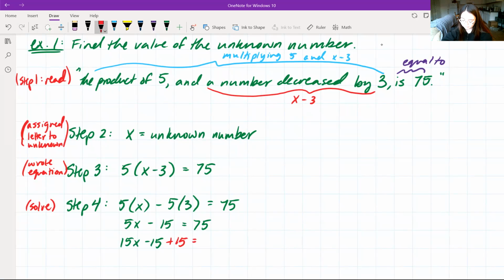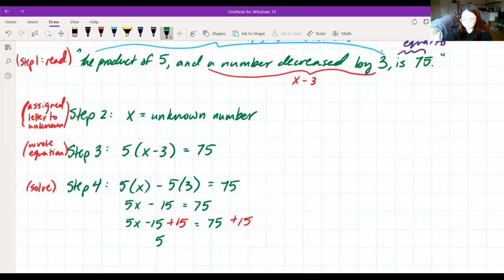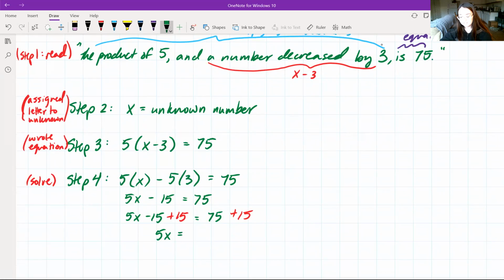So we'll get 5x minus 15 plus 15 is equal to 75 plus 15. And now this is going to give us 5x is equal to 90, 75 plus 15.